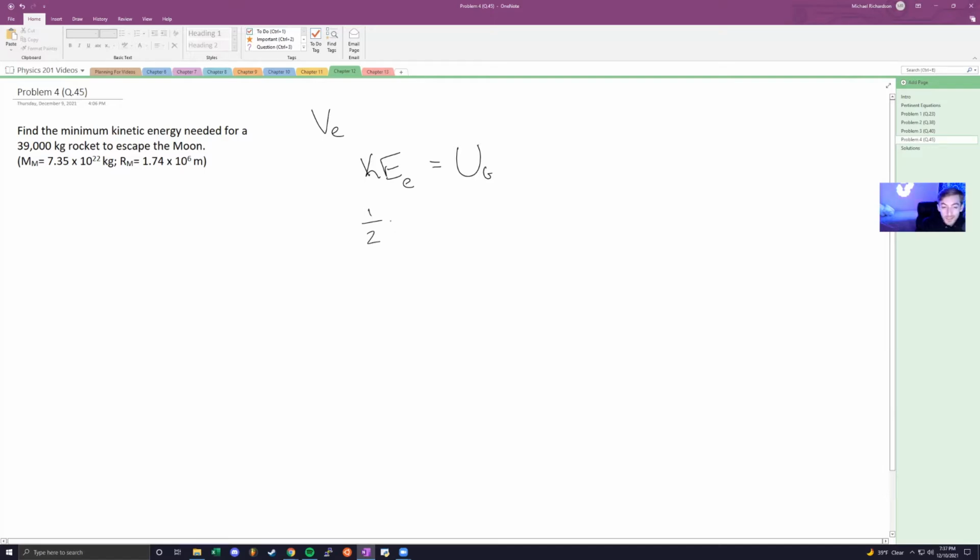So substituting in some stuff, we get 1/2 mv squared. These are all equations that we know. But the gravitational potential here is going to be G times the mass of our moon times the mass of the rocket again. We'll say this is the mass of the rocket. And then we're going to divide by the distance of wherever that rocket is. So we can say if we're already on the surface, what is the escape velocity it needs to have?